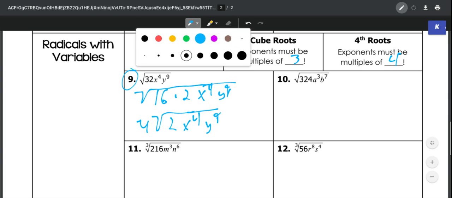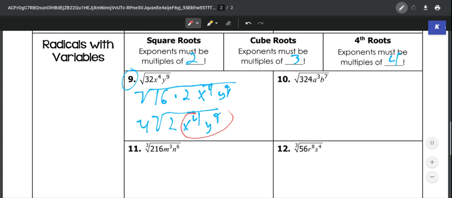Now we need to worry about these variables with exponents here. Since this is a square root, we need these to be taken out in multiples of 2. So for x to the fourth, it's pretty easy. If x is to the fourth power, there are 2 groups of x's that we can take out.